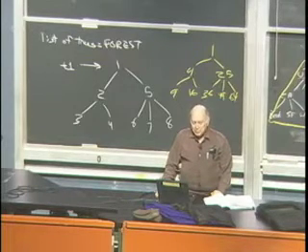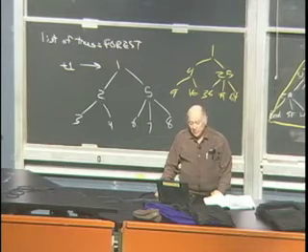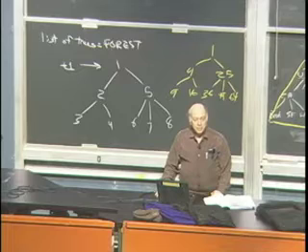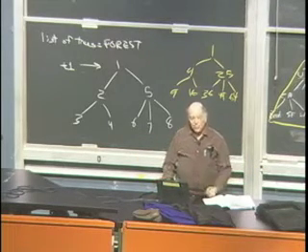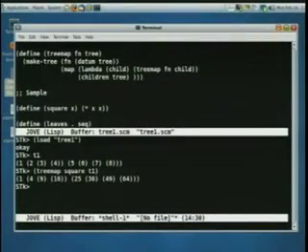Well, what data type, first of all, should the result of calling tree map on a function in a tree be? What do you get back? A tree. How do we make trees? We use the constructor makeTree. Now, makeTree takes 2 arguments. The first one is a datum.